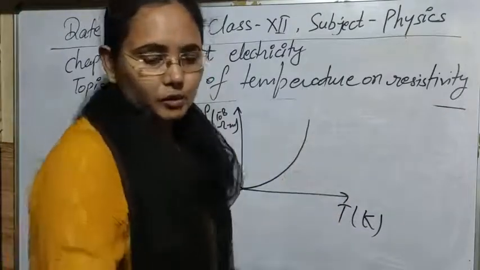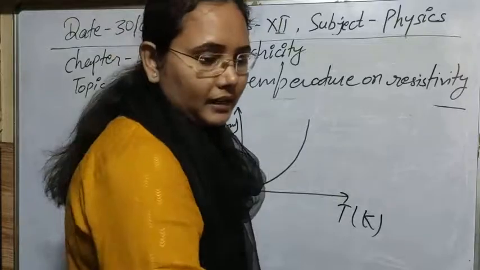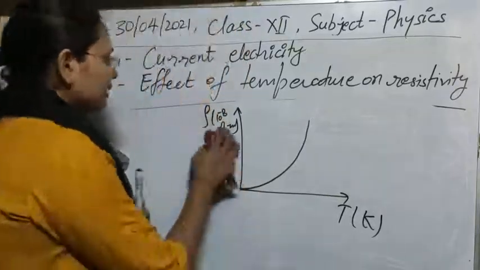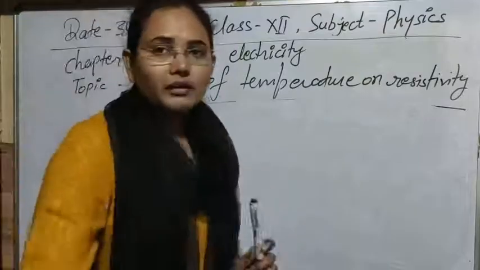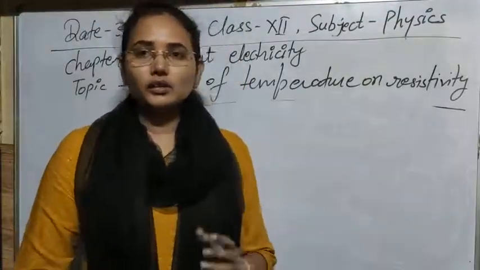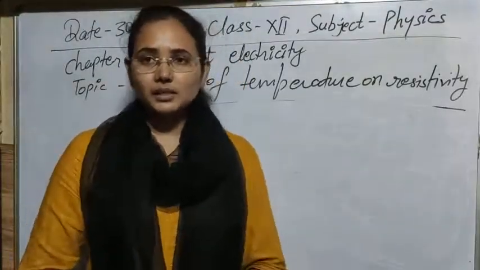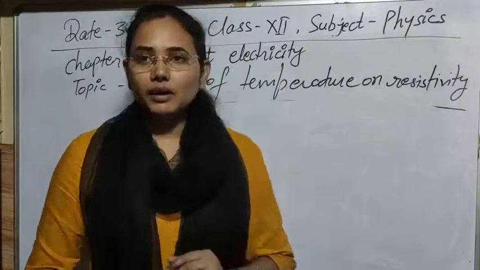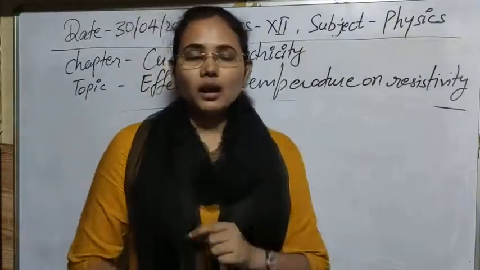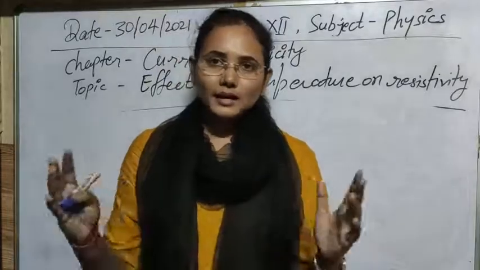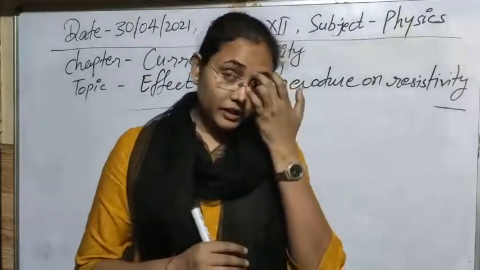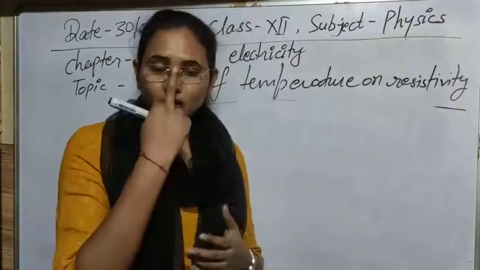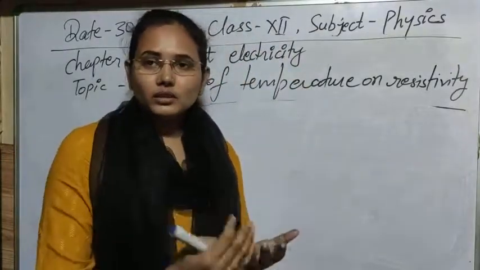Second thing, suppose we have some alloys, as we discussed before. We use alloys like manganin, constantan, and eureka to make standard resistors, because they have a very small value of alpha. So even for a large change in temperature, as alpha is very small, there will be a very small effect on the resistor.